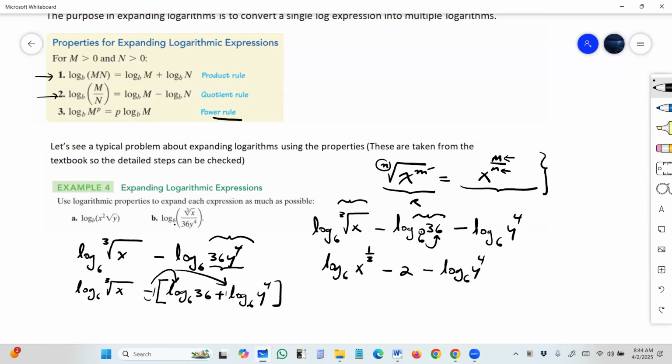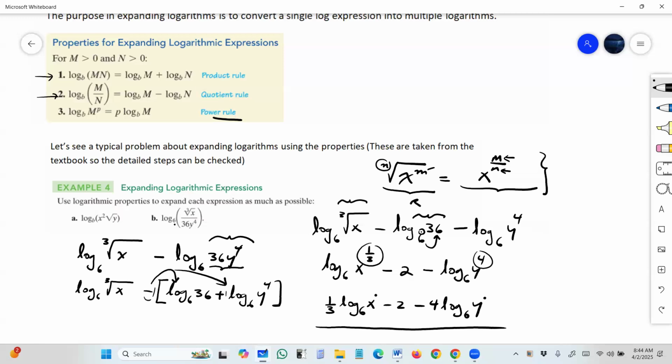And now my last step is to take care of the exponents using the power rule. The power rule is always last on expansion. So 1/3 log base 6 of x minus 2 minus 4 log base 6 of y. And this is my final answer. In my final answer, I cannot have any exponents attached to the variables inside the log.